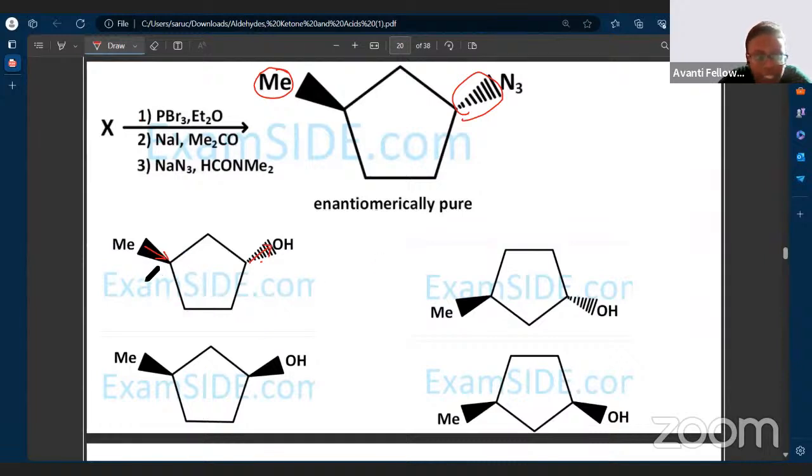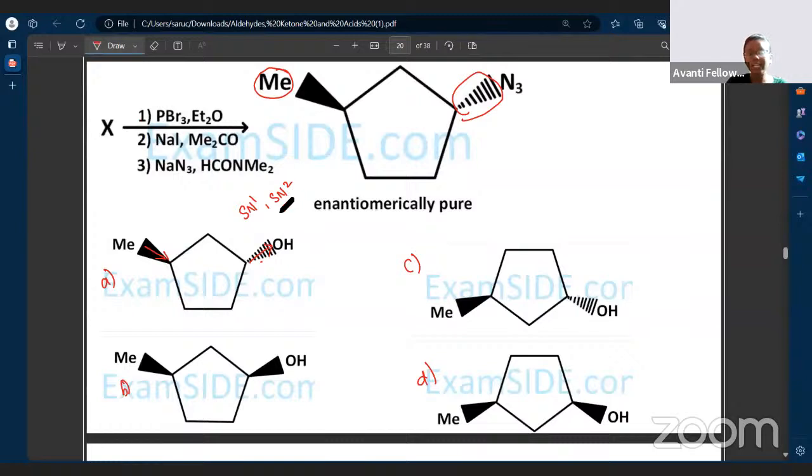When I take option A and react it with PBr3, will it undergo an SN1 or SN2 reaction? It can undergo an SN2 reaction, right? A tertiary carbocation would undergo SN1, so this can undergo SN2.